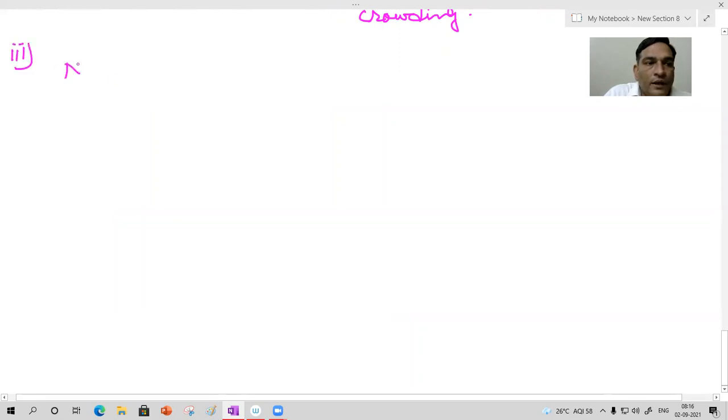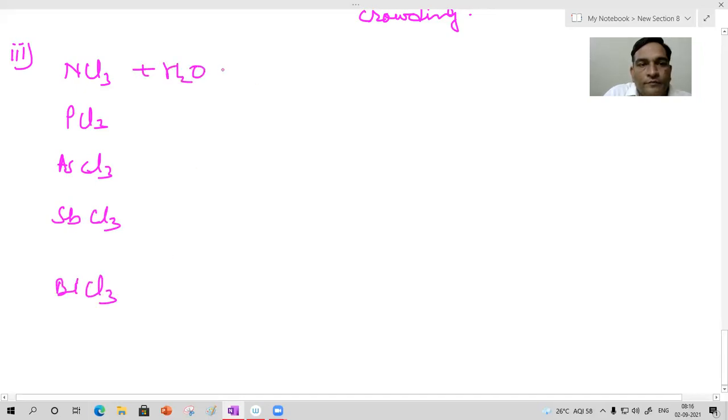Third, NCl3, the nitrogen family: PCl3, nitrogen, phosphorus, arsenic, antimony and bismuth reaction with water. My dear, the center atom nitrogen does not have a vacant orbital, so the lone pair of oxygen will attack the surrounding atom like chlorine.